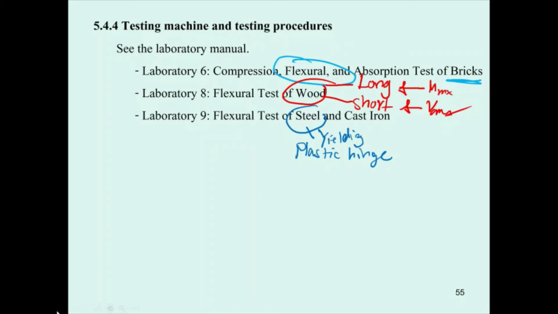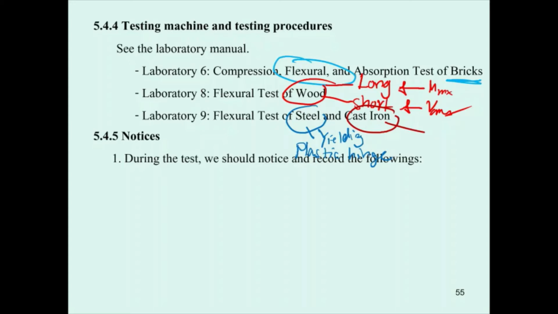And for cast iron, the beam is going to fail abruptly. When testing, you have to be careful with cast iron. I recommend you tie the cast iron specimen to the testing machine so that when it is broken into two pieces, it won't fall down and hit your foot.